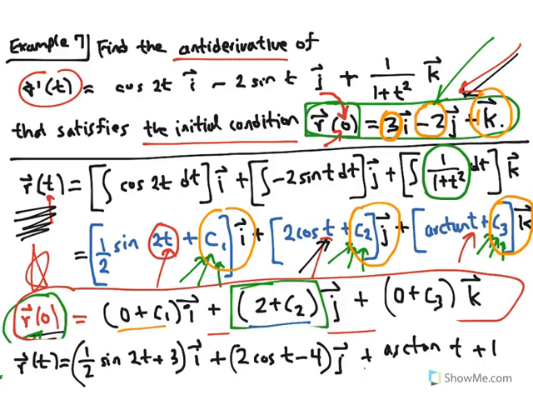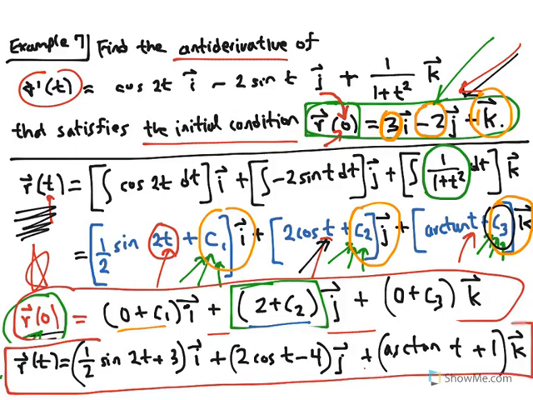C sub 3 was found to be 1, so here I have plus c sub 3, now I write plus 1. Okay. This is the answer to the problem. What is this? This is the antiderivative of r prime of t that satisfies the given initial condition r of 0 is equal to 3i minus 2j plus 1k.